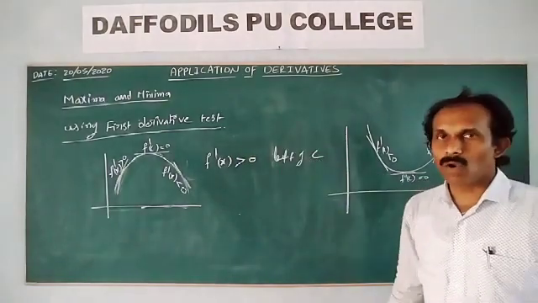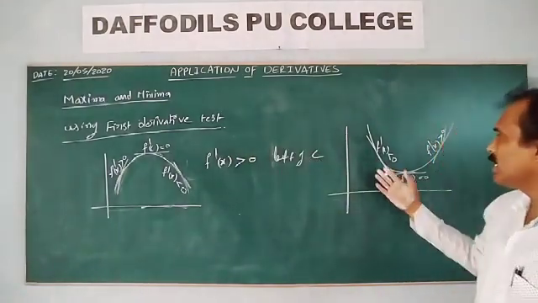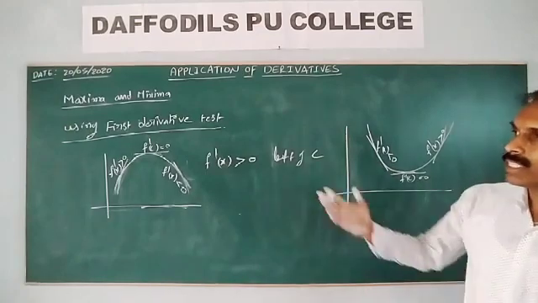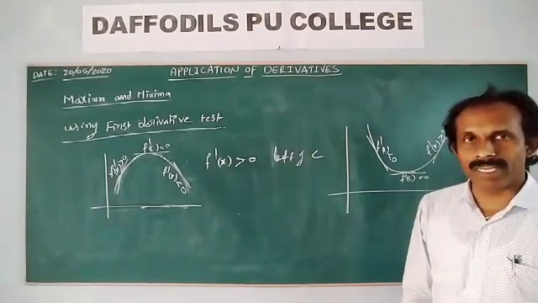That is, f has a local maximum value in the first case, and a local minimum value here. That is using the first derivative test.